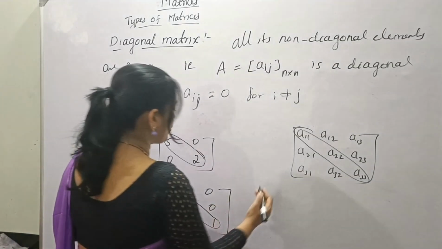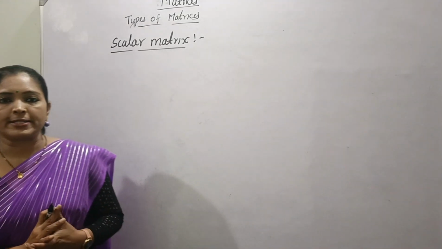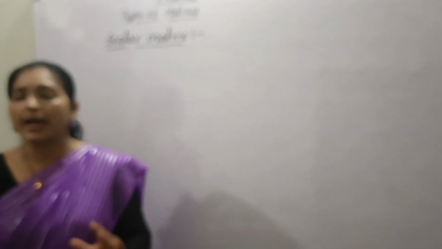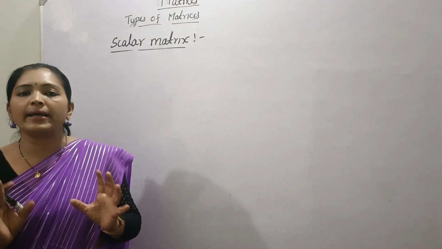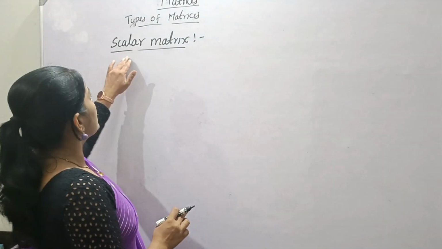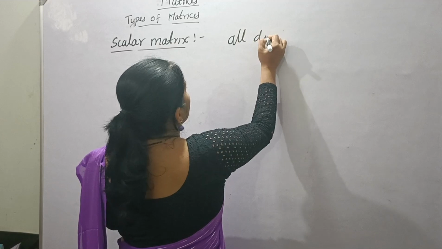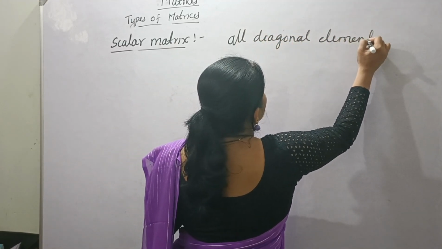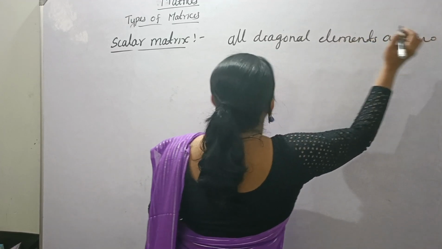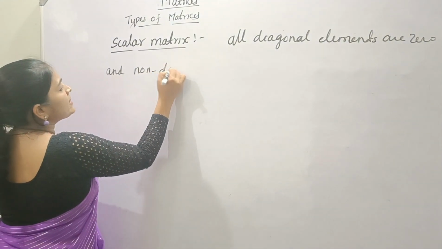Here we can take one more example. Next one is scalar matrix. It's also a square matrix. Scalar matrix is a square matrix in which all diagonal elements are same and non-diagonal elements are 0.